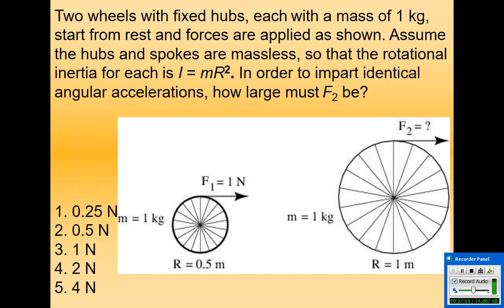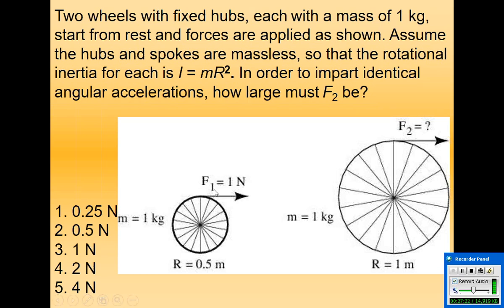Because of that, each of them can be considered like a hoop, and we can calculate the moment of inertia as m times r squared, because for the hoop, little k equals 1 in the calculation of moment of inertia.